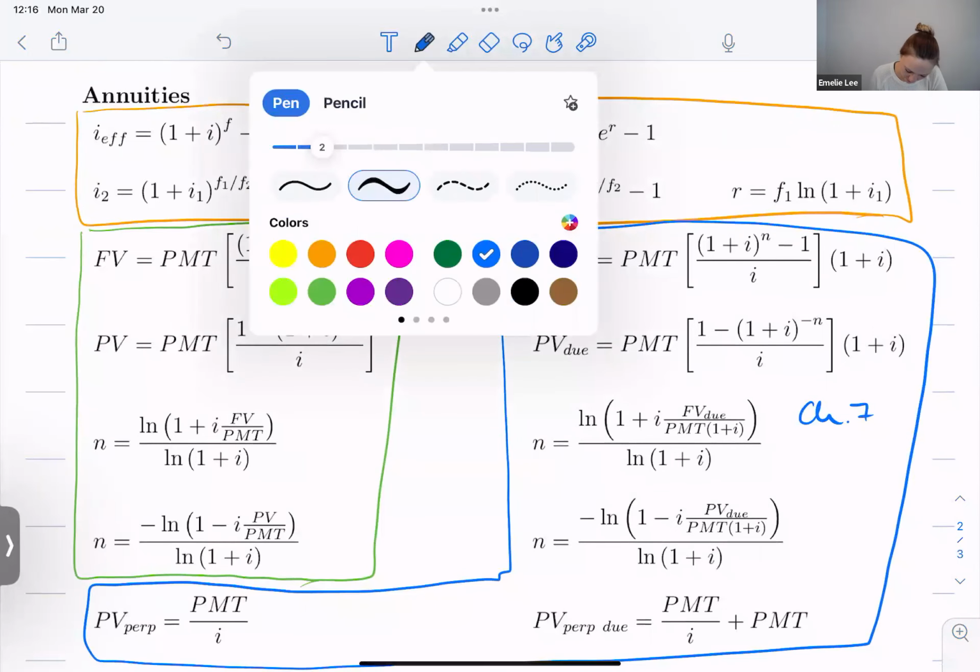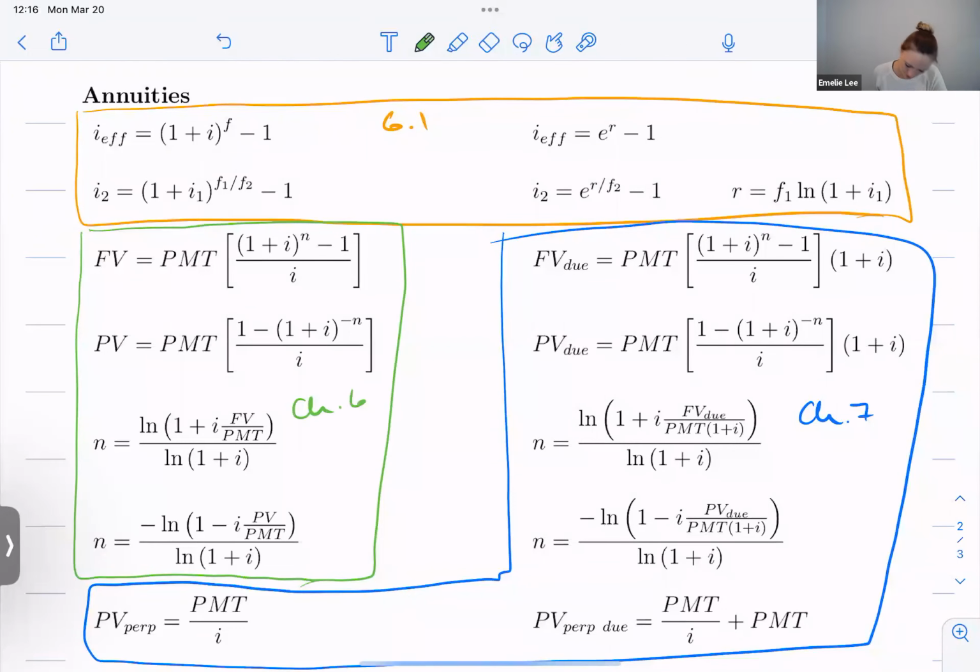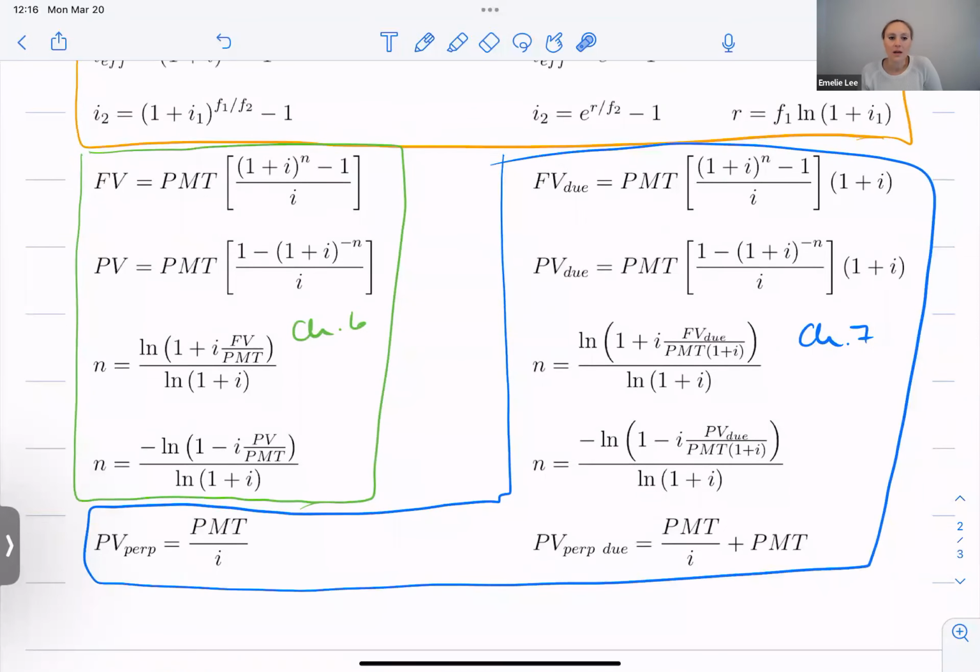But notice that they're very, very similar. So chapter 6 and chapter 7. And then we only do one section, which is a special case of mortgages, which are annuities, right? But we're going to look at how we break down a mortgage payment by payment. Okay. And so here we introduce these formulas in chapter 6. Okay, so that's what we're going to start today.